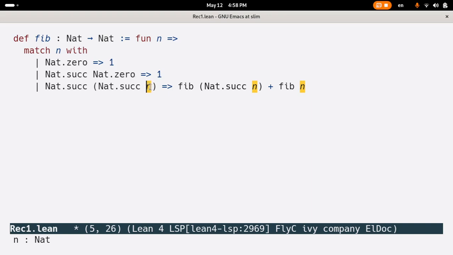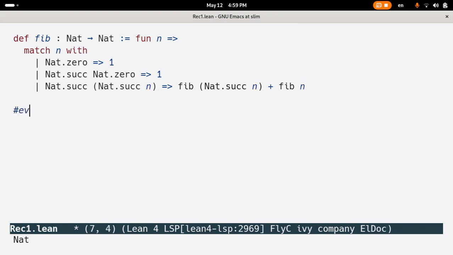So that is what is happening here. So this particular n that I bind in this pattern is this n minus 2. So when I say Nat.succ n here, it means the predecessor of the input n, and this n is the predecessor of the predecessor.